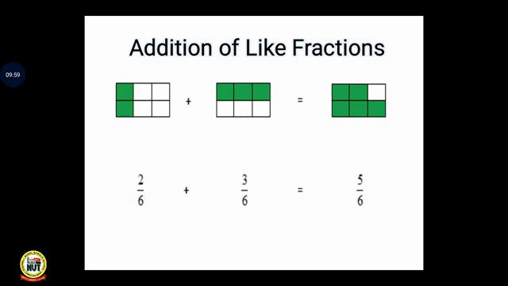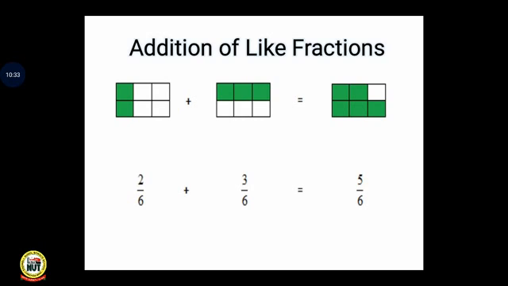Now let's have it. We have 2 plus 3 as our numerator. So 2 plus 3 is 5. So our answer is 5 over 6. After adding our numerators, which gives 5, you pick one of the denominators since they are the same and put it under the 5.